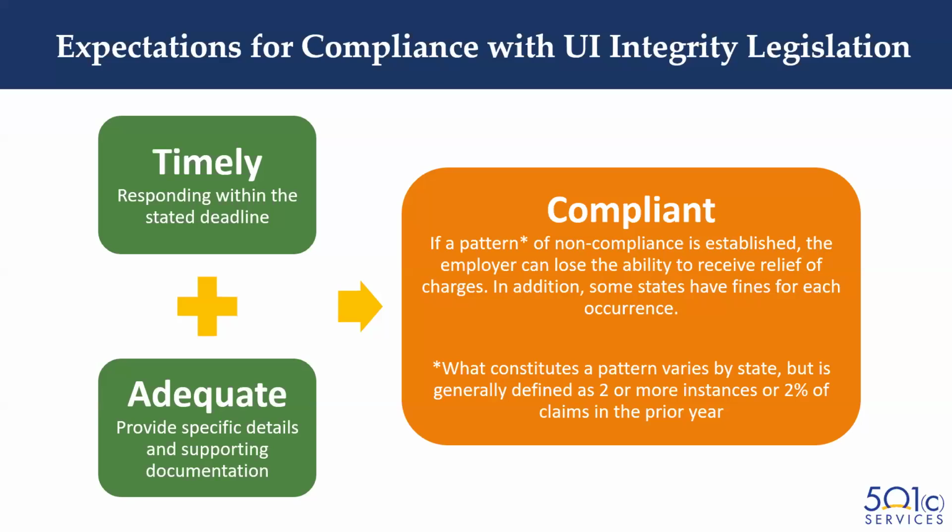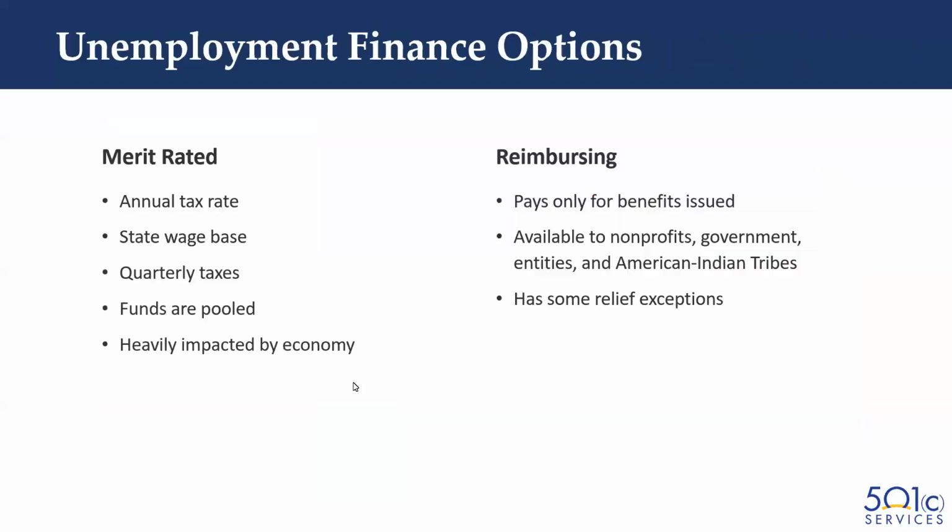And I've seen it take 5 to 7 years. And sometimes they just end up waiving the repayment of those benefits due to hardship. So it really is in your best interest to respond to all unemployment claims timely and adequately so that the state can make good initial decisions as they are applied to the law.